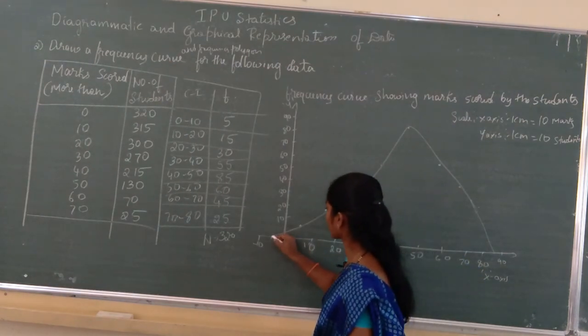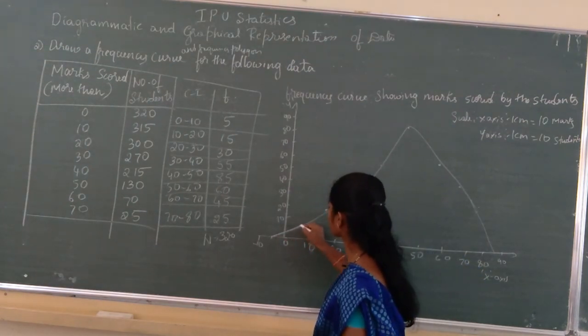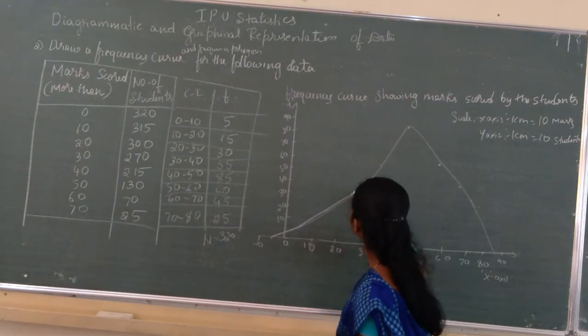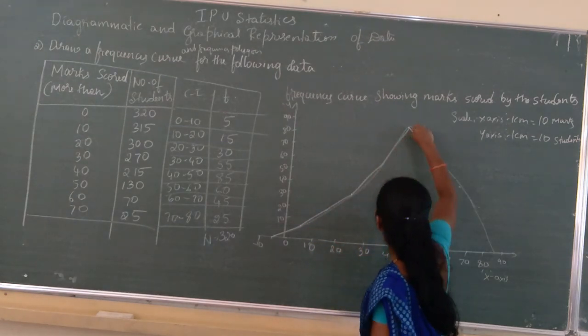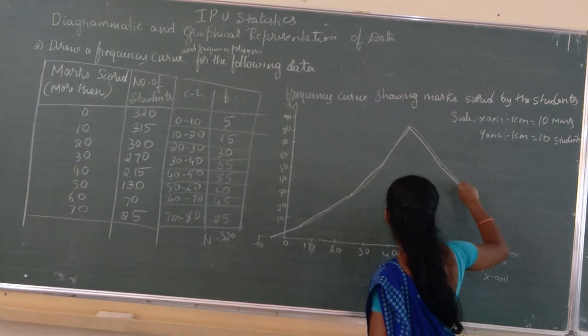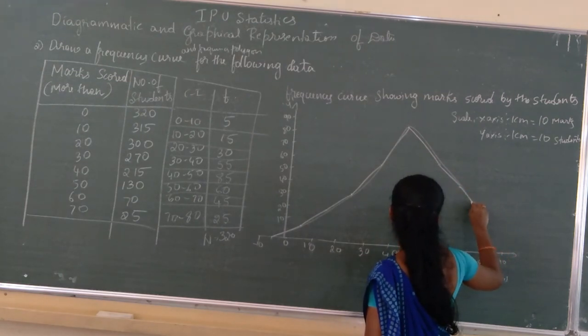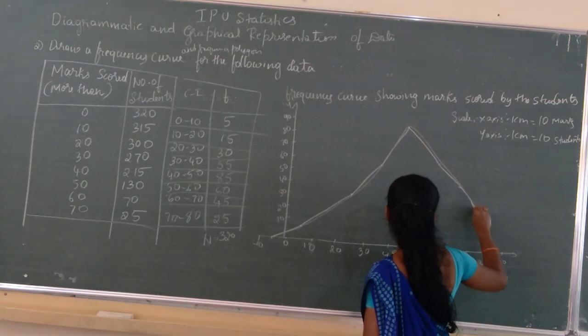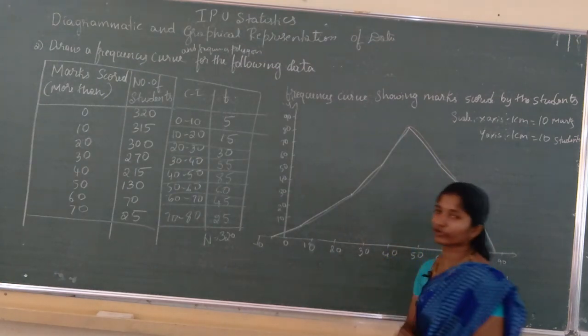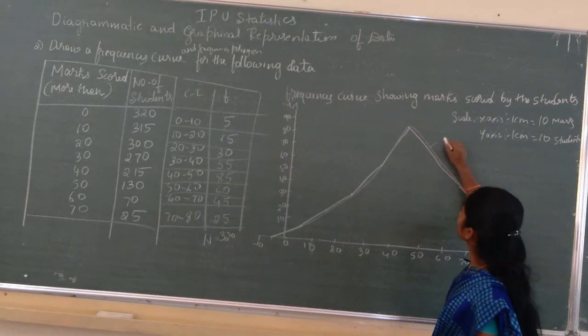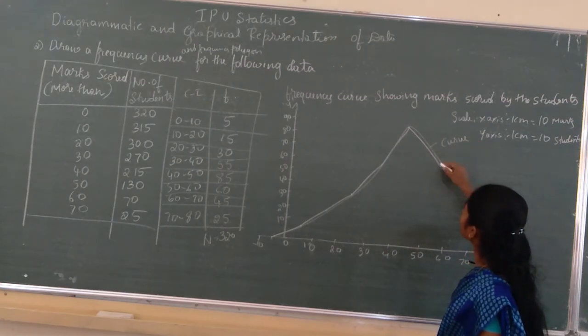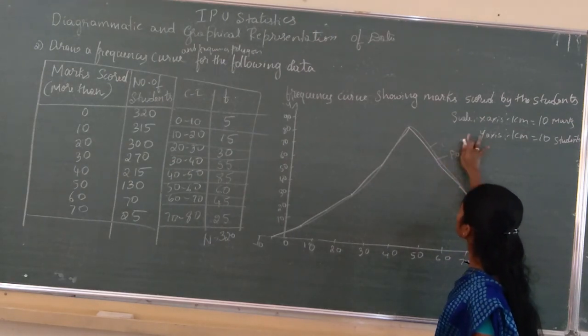That also from here only. Scale use ಮಾಡಿ join ಮಾಡಿ ಈ ರೀತಿ. ಈ ರೀತಿ ಜಾಯಿನ್ ಮಾಡಿದರೆ ಆಯಿತು. ಸೊ ದಿಸ್ ಈಸ್ ಕರ್ವ್ and this one is a polygon, sorry, frequency polygon.